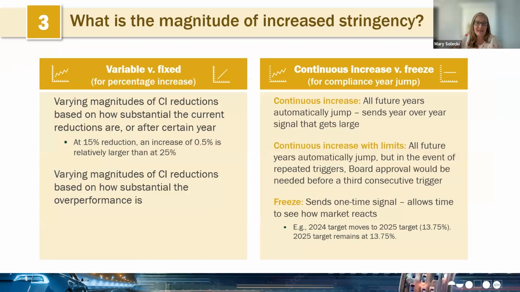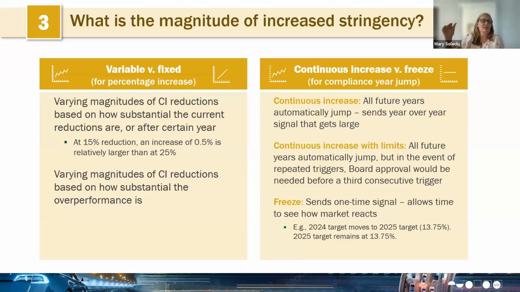But suffice to say that we considered several approaches to how one could do a variable increase, including a percentage increase, including different magnitudes based on the current credit oversupply, or different magnitudes relative to the year and the size of the compliance target. But on the right-hand side of the screen, getting back to our compliance year jump, which is our recommended approach, for a while we were viewing this as a binary situation.